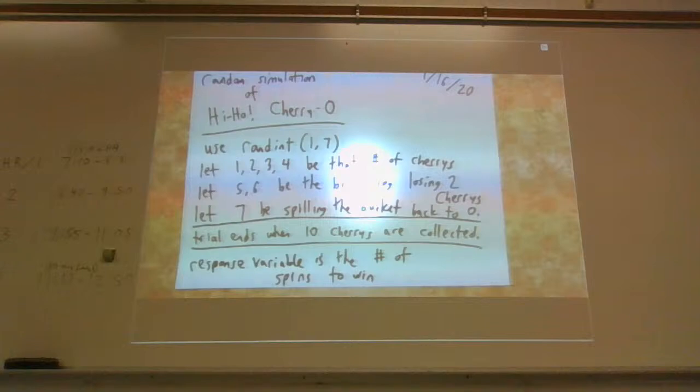Now, in the end, we are going to come up with a suitable conclusion, which is going to be taking all of our results and averaging them together. We're going to get into that. But in order to run this random simulation, I need to make sure that your calculators are set up properly.